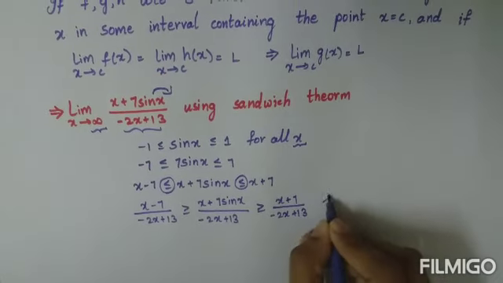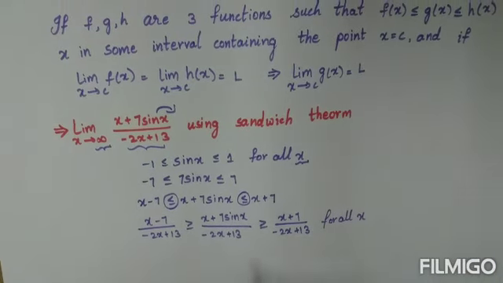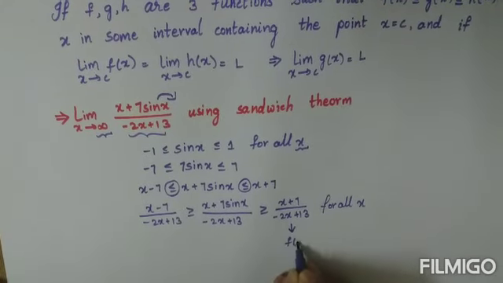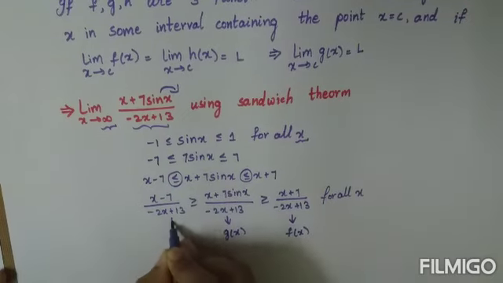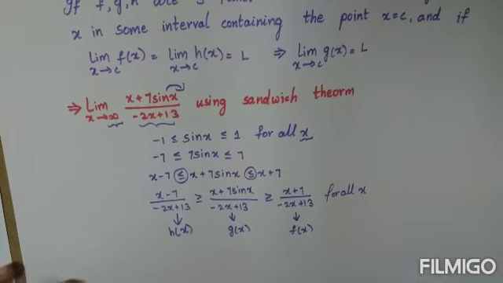This is valid for all x. So from the theorem we can take this as f of x, this as g of x and this as h of x. So we got the order.